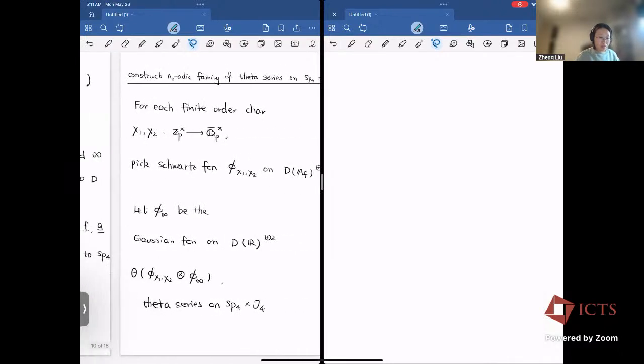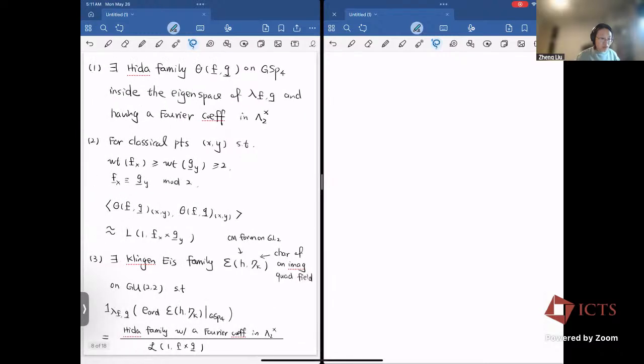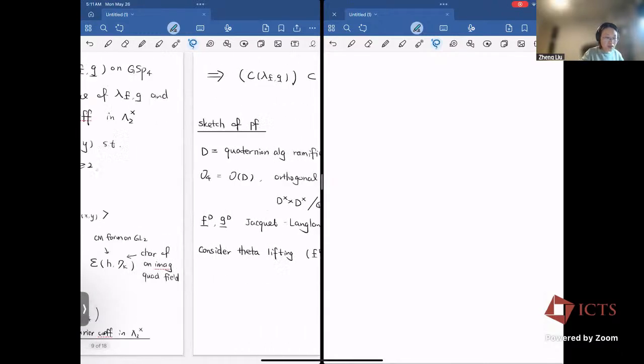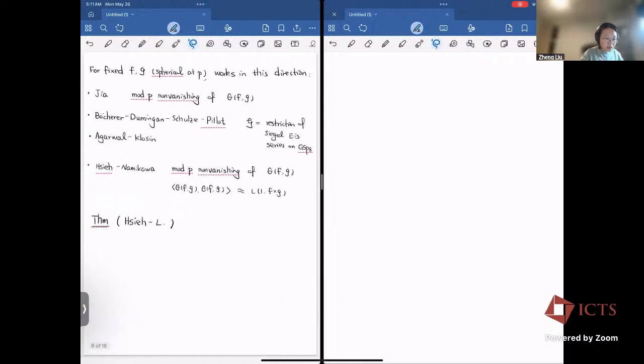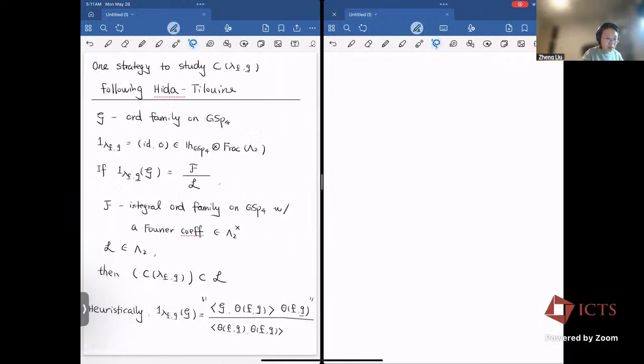So that means this congruence ideal here is a congruence with all other forms. So you will include congruence with other Yoshida lifts.